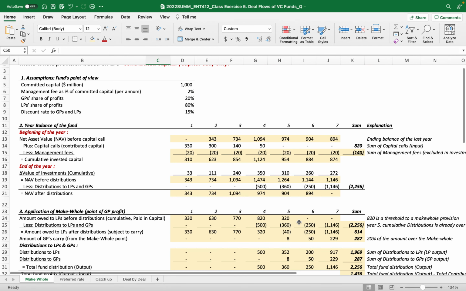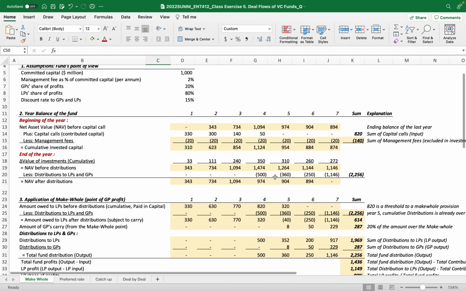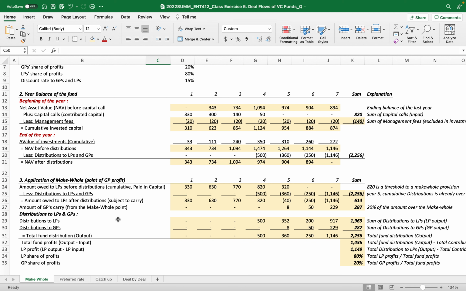This is again the process. First, we need to measure the yearly balance of the fund, right? The deal flows. And then how do we allocate the profits to the GPs and LPs? We need to understand the make whole point.